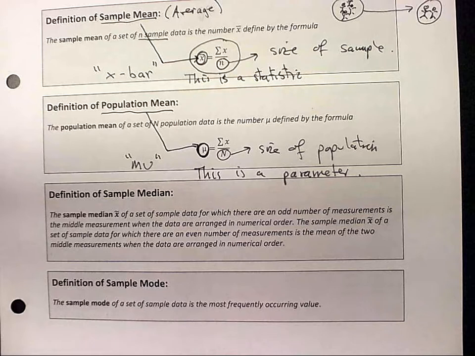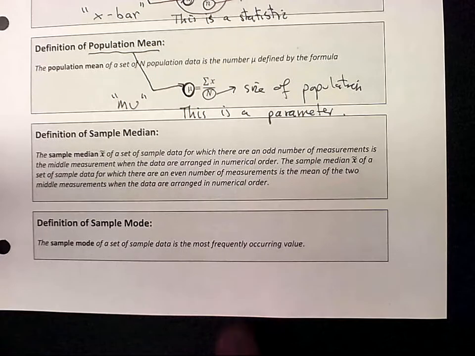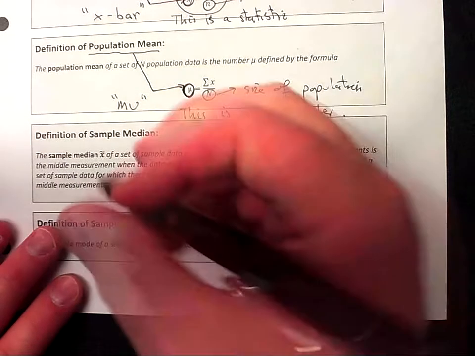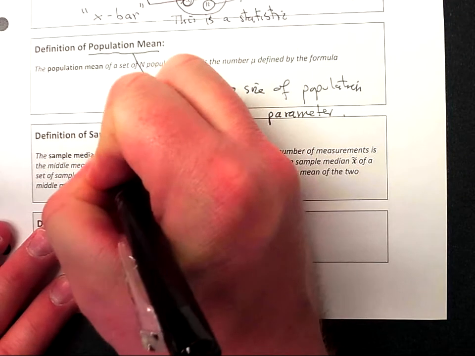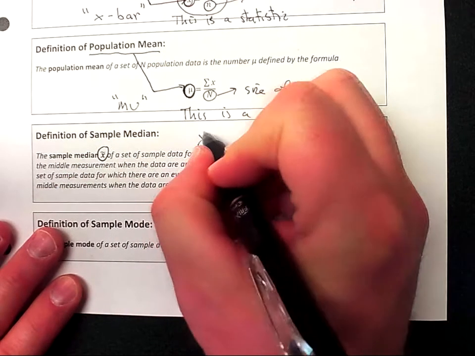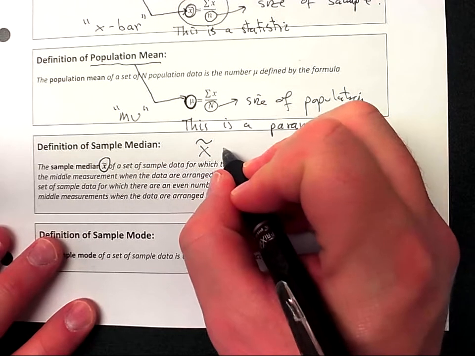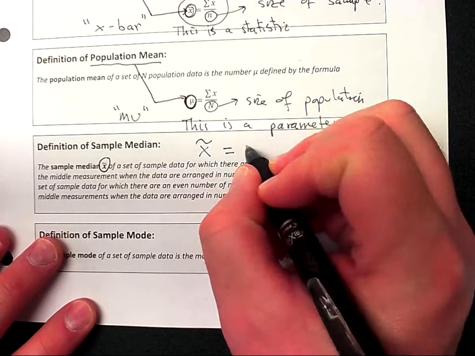All right, everybody good with these formulas? All right. So let's go then to the definition of a sample median. The symbol for the sample median is this symbol right here. It looks like an X with a swoosh over it. And does anybody know how you pronounce the symbol?